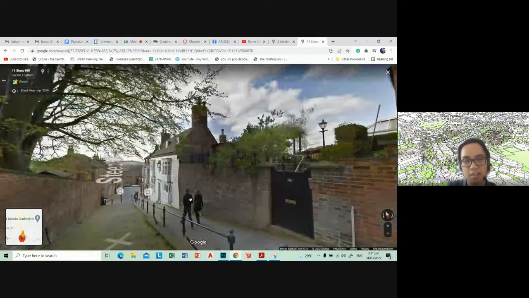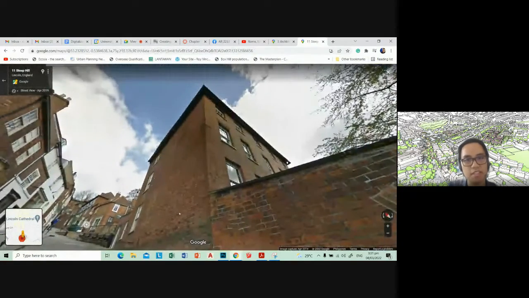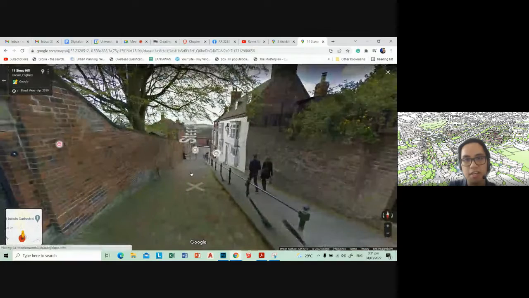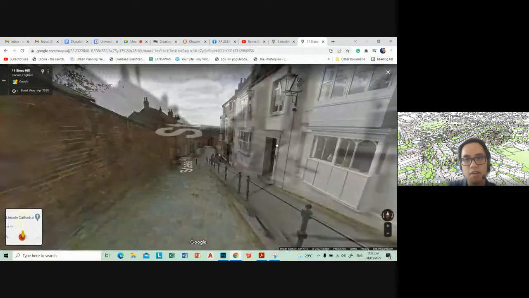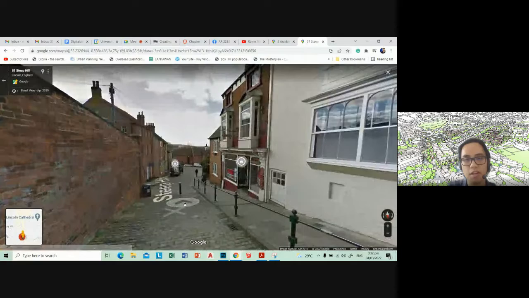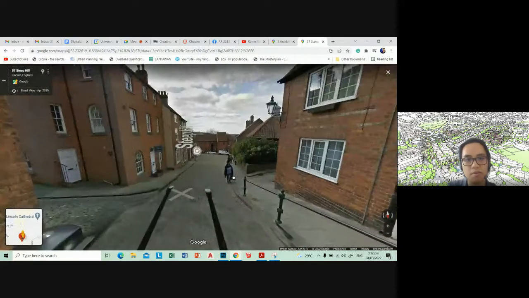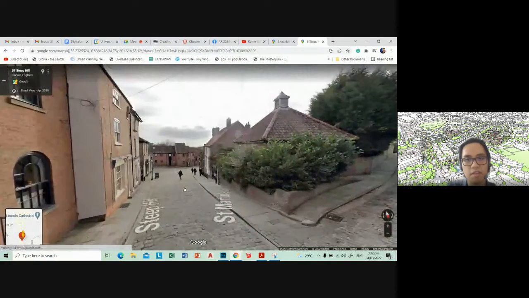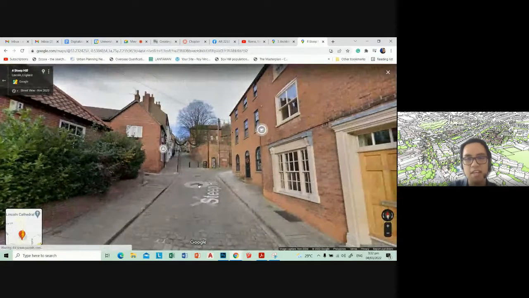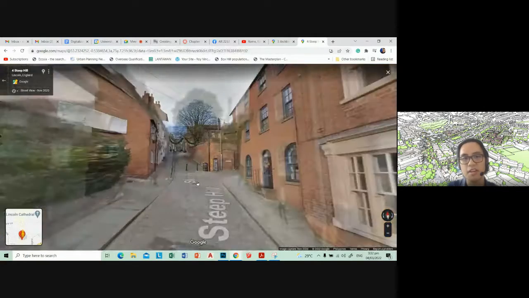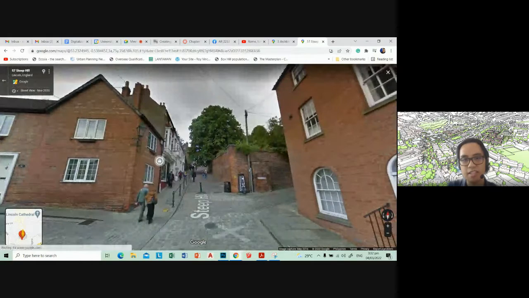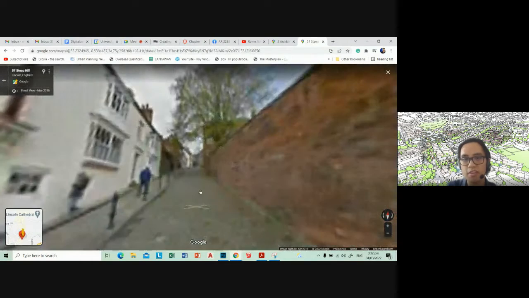Well, it's kind of high in comparison to the people, but compared to this building, it's a lot lower in height. Trees to the left, white house on the right, brick wall on the left, brick house on the right, brick house on the left. So as you can clearly see, it's not symmetrical. The thing that's always constant is that they attempt to regulate the height.